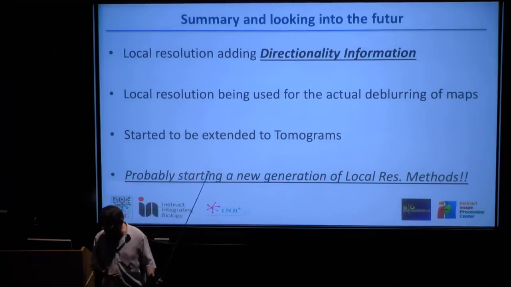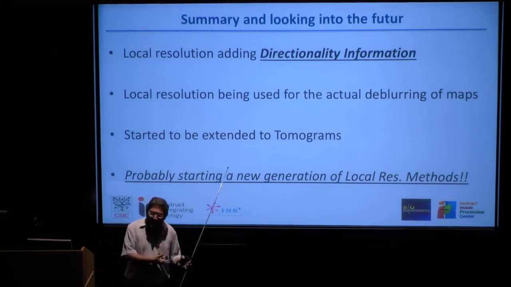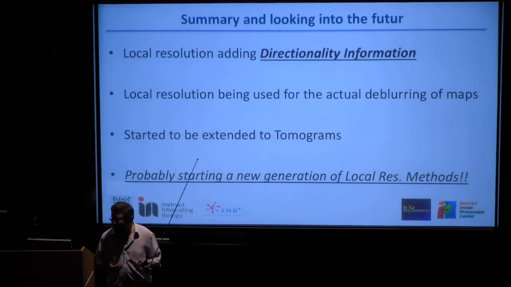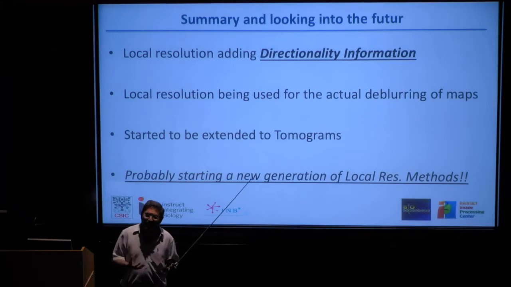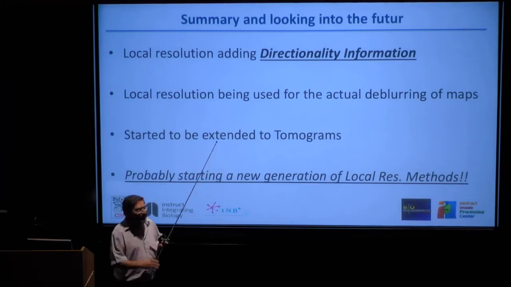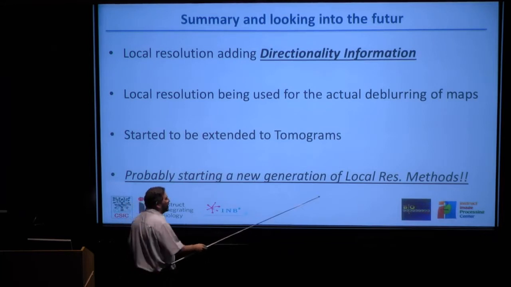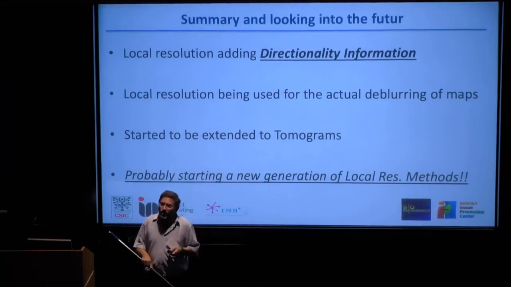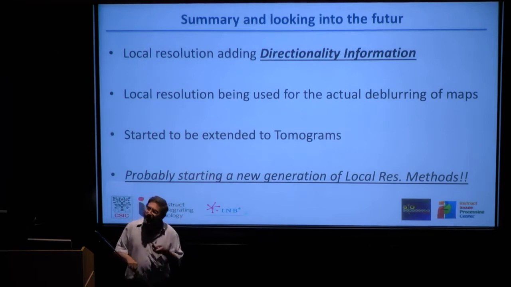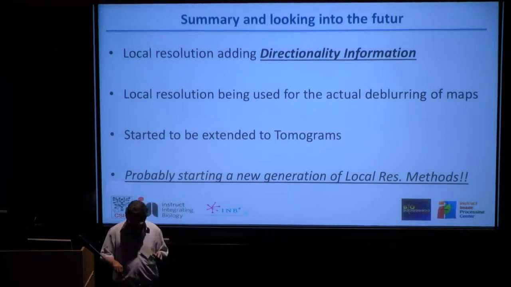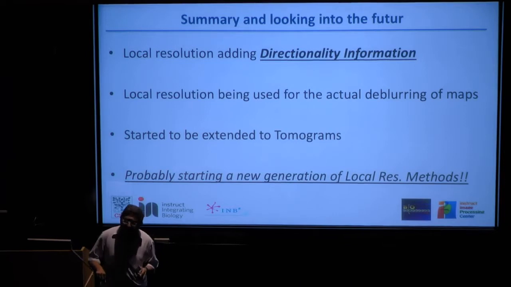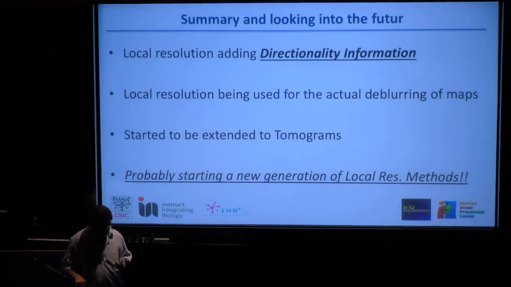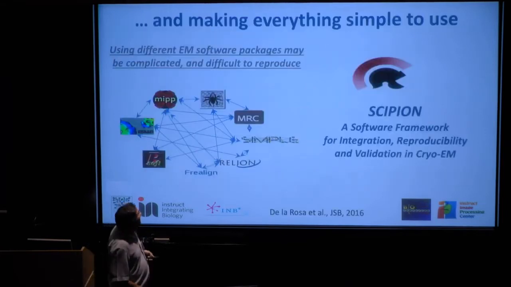Reciprocal space and spatial space are very much mixed. You cannot really have the best of both at the same time. So I'm sure that we are going toward a new generation of local resolution measures that will take into account directionality and will explicitly address the notion of how local is local.